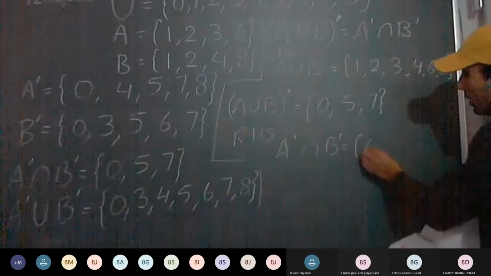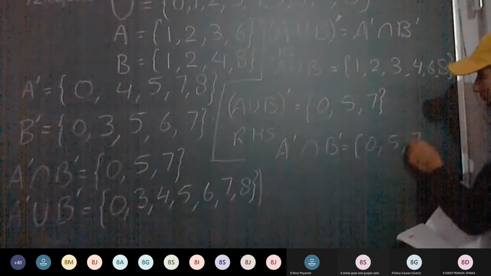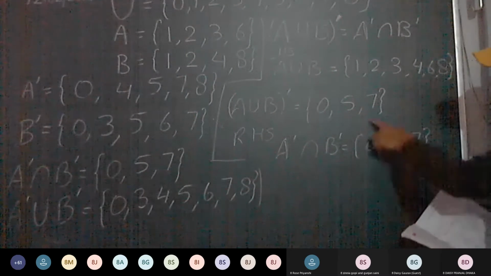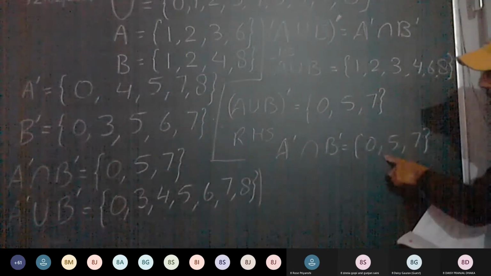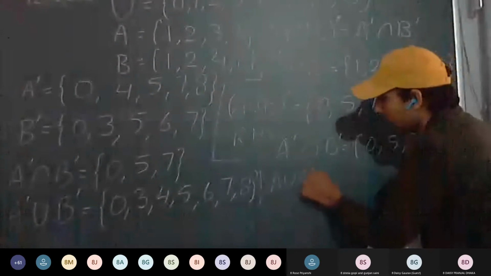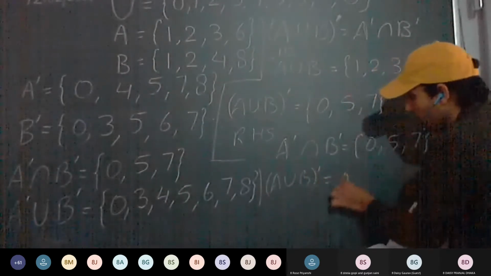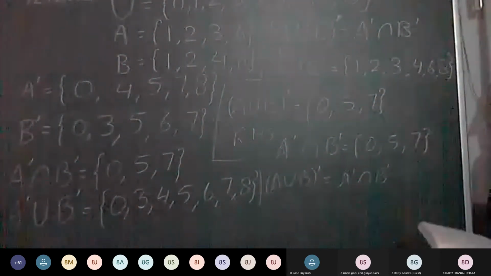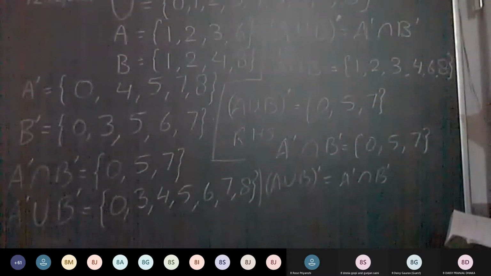Understood this one? As we are getting the same set, therefore A union B whole dash equal to A dash intersection B dash. It is verified. Understood this one?